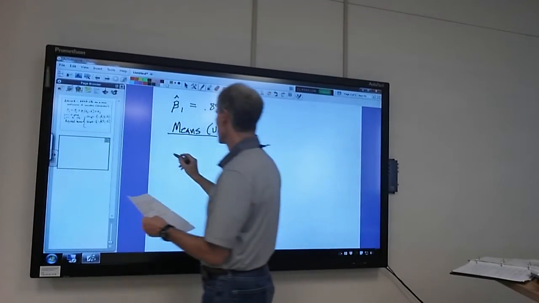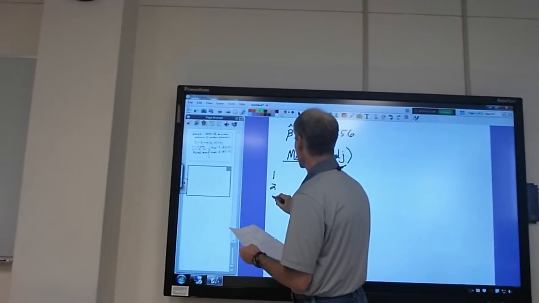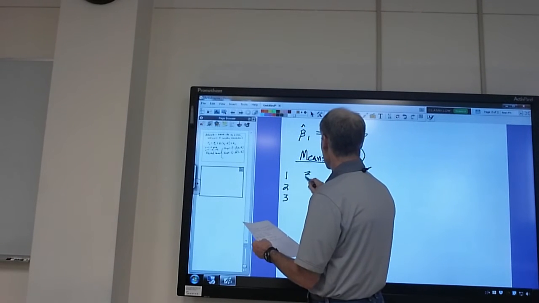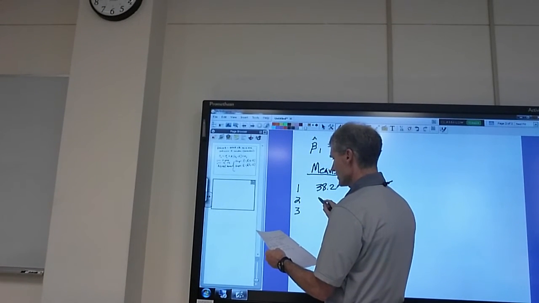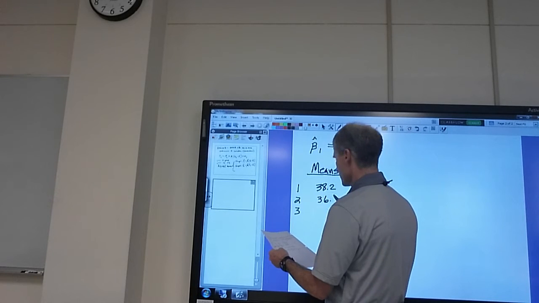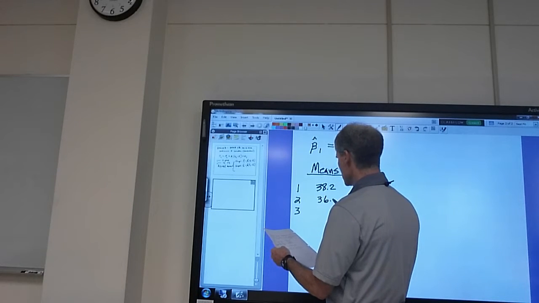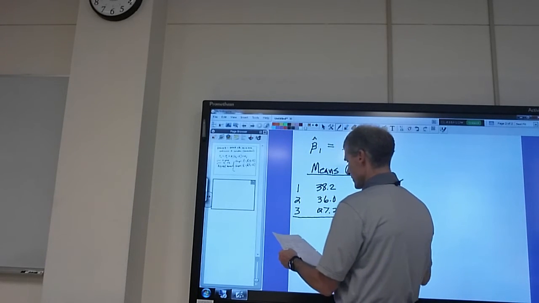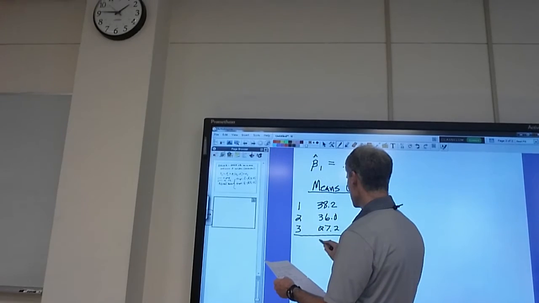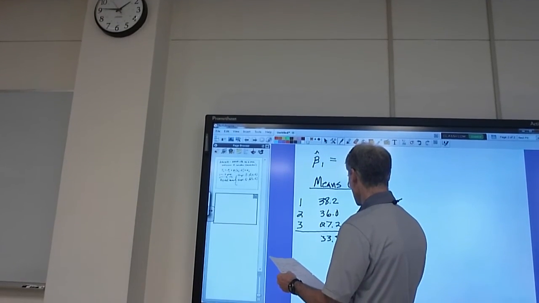Okay, so here they are. So type 1, 2, and 3, we got 38.2, 36.0, and 27.2. Then the grand mean for y is 33.8.